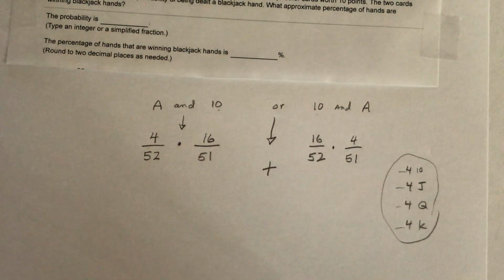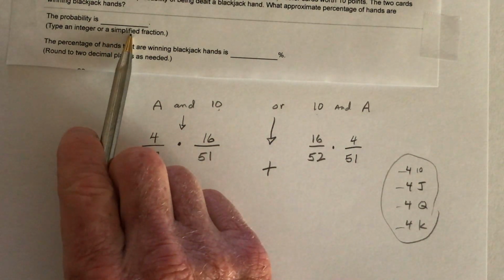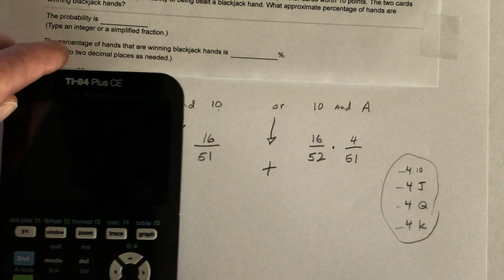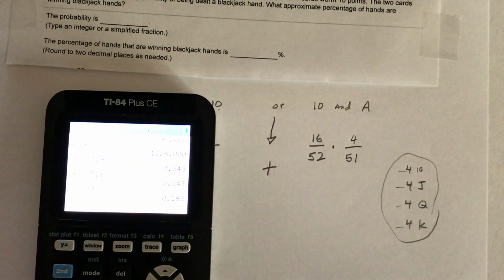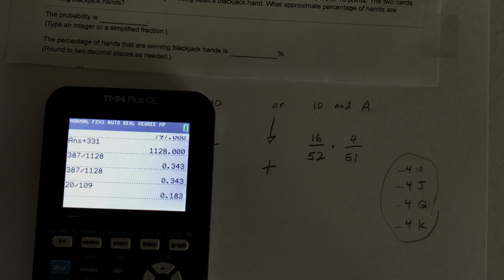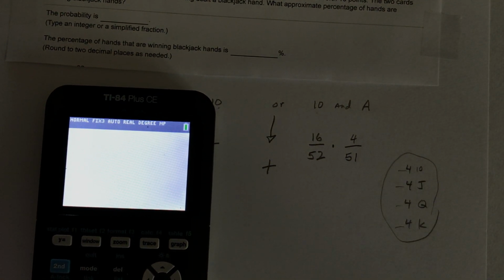So what does that equal? Because it says put a simplified fraction. And have it zoom in on the brightness of the calculator.